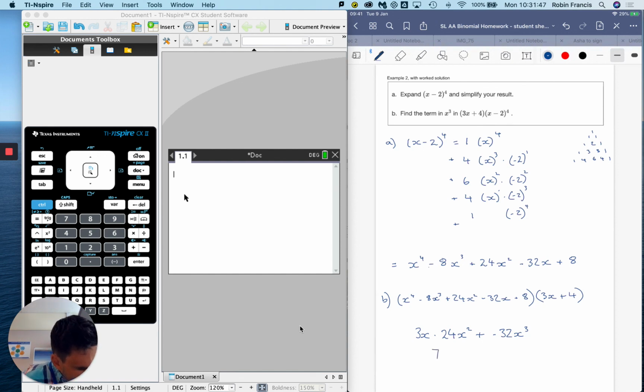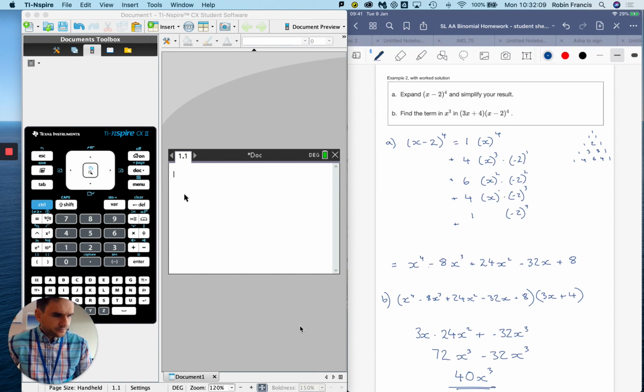We've got 72 x cubed minus 32 x cubed, which should be 40 x cubed. So I've streamlined the process here. I've not been thinking about, well, let's expand it in full and then add things together and look to figure it out. I'm really focusing my efforts on just getting the x cubed term if I possibly can.